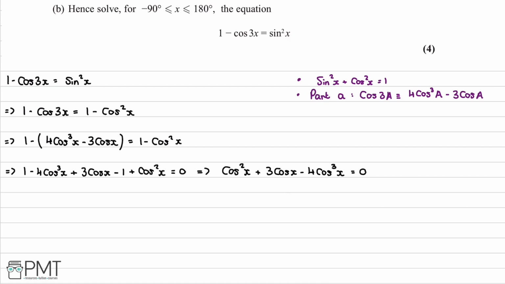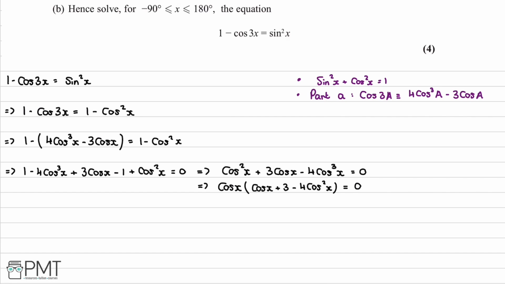So we can now take out a common factor of cos x. So bearing in mind we're wanting to solve for x, the easiest way to do this is firstly take out cos x, and that is going to be then multiplied by cos x plus 3, and then we're going to subtract 4 cos squared x, and that's all still equal to 0.